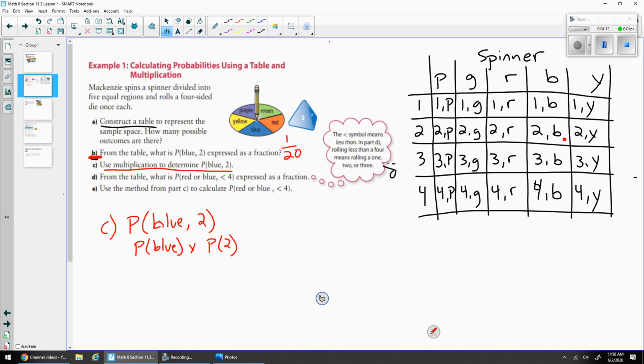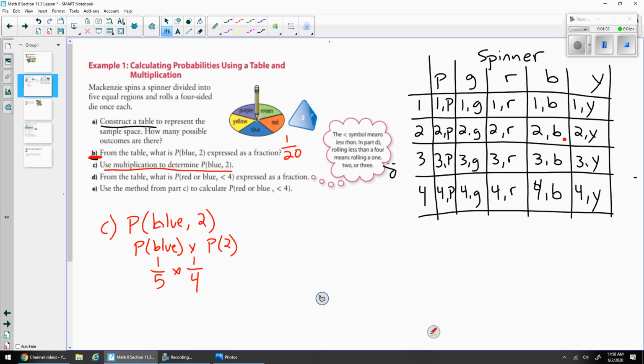So if we just look at the spinner, what is the probability of getting blue? Well, it's 1 out of 5. Well, what about the probability of getting a 2 on the 4-sided die? Well, there's 1 two out of the 4 outcomes.